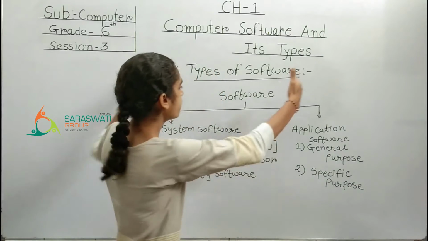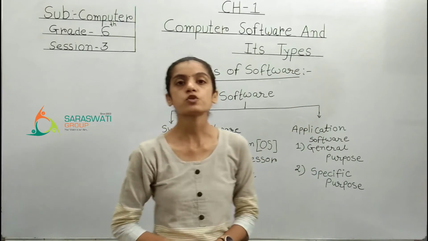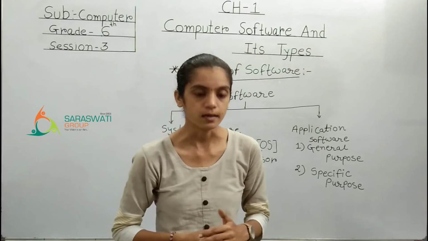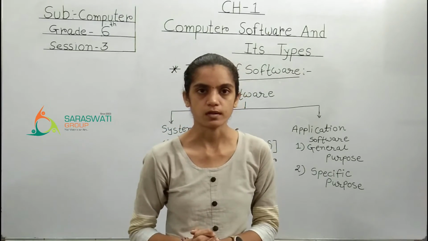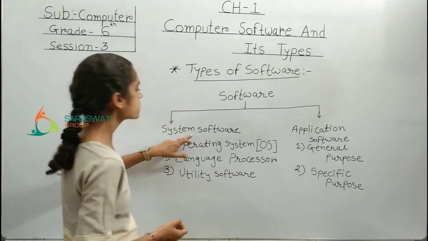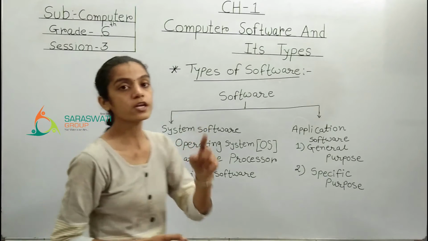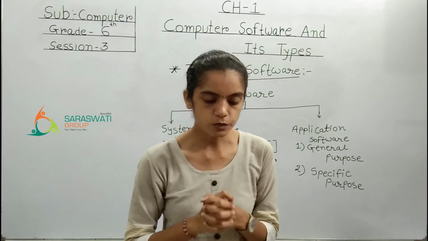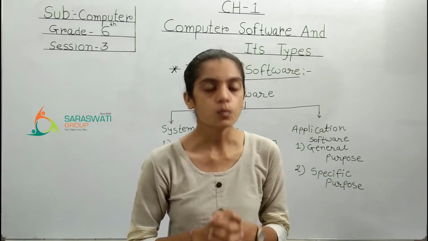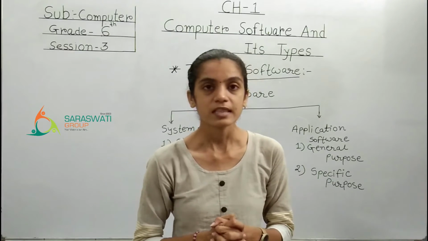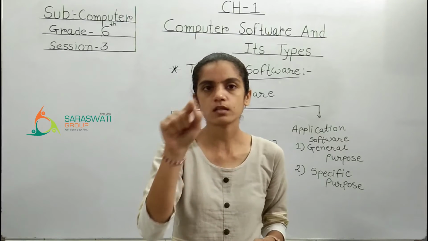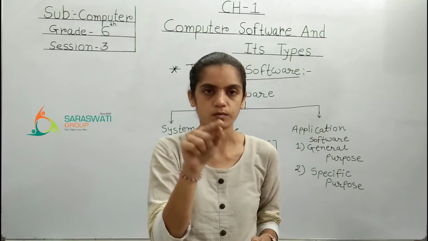So this is the first topic, types of software. Now let us learn it in detail. System software. The first one is what? System software. Now look into your textbook. The system software is required to control overall working of a computer. That means as and when you switch on the computer, you can see that the dots are actually circling around.